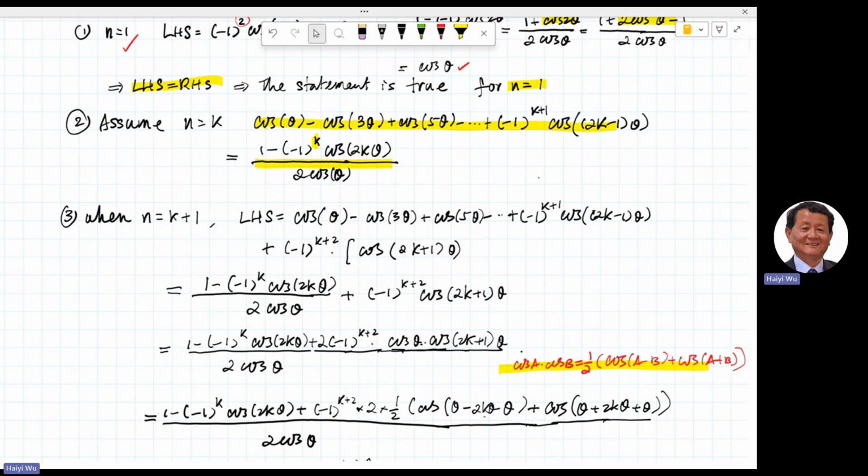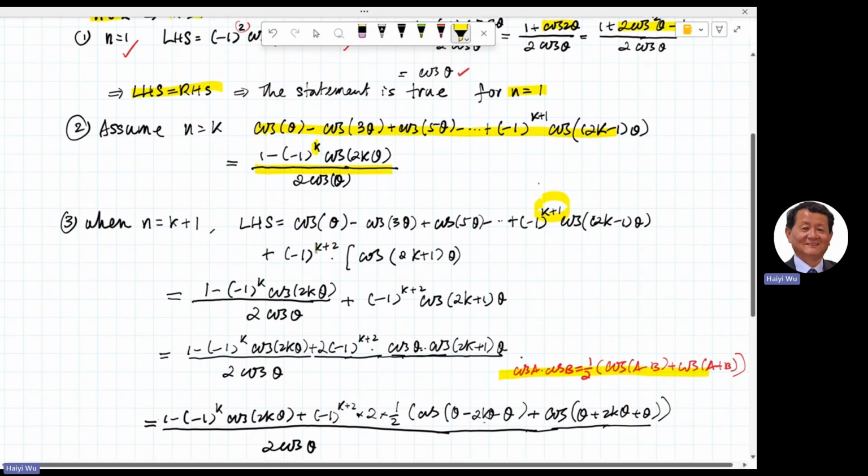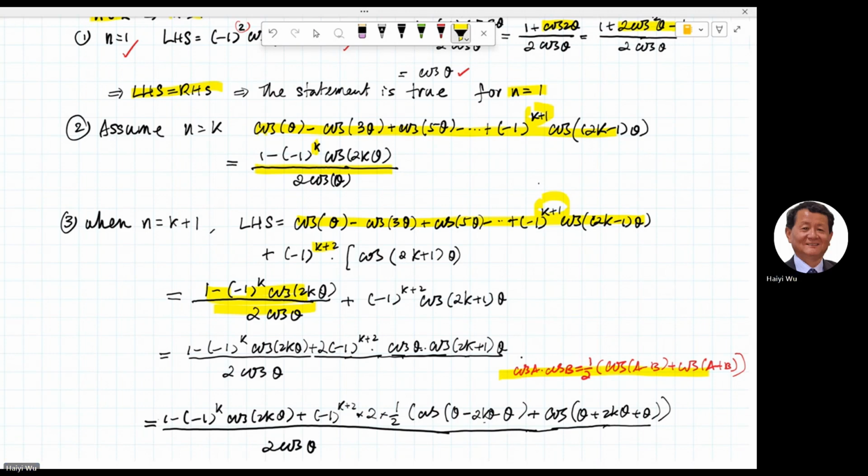That means first we do the kth term, then the k plus 1 term, which has k plus 2 because the initial was k plus 1. For the initial kth terms, I'm using the assumption of statement number 2.